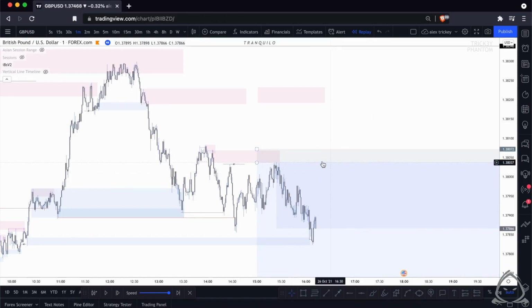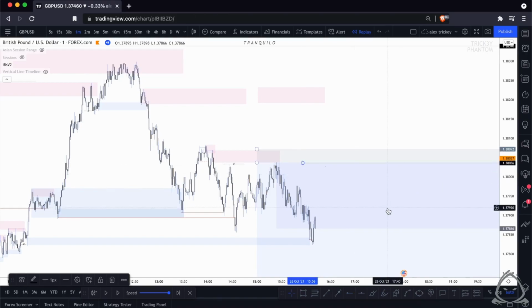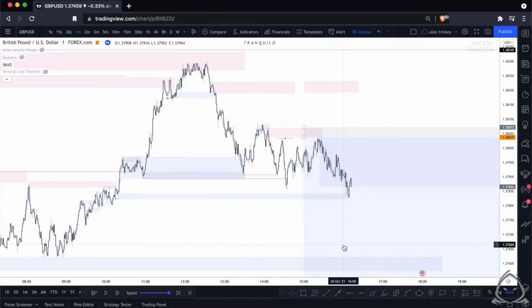If there's an unmitigated zone, I'll take a partial of 20% at 4R. If there isn't a zone, like in this case, we're pushing out correctively, it's all efficient, I'm happy to trail, put the stop loss itself at break even and not take a partial.